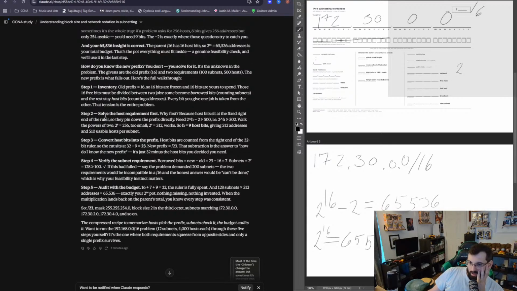Okay, step 2, solve the host requirement first. Why first? Because the host bits sit at the fixed right end of the ruler, so they pin down the prefix directly.